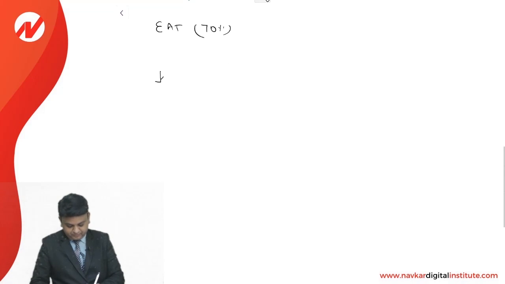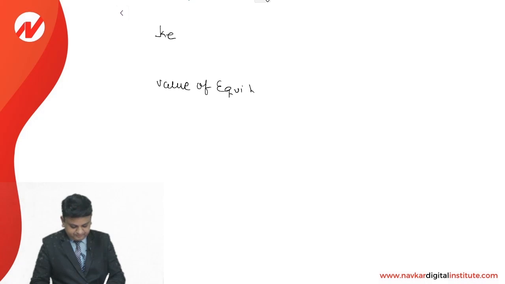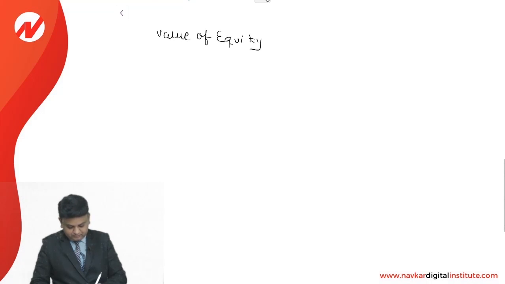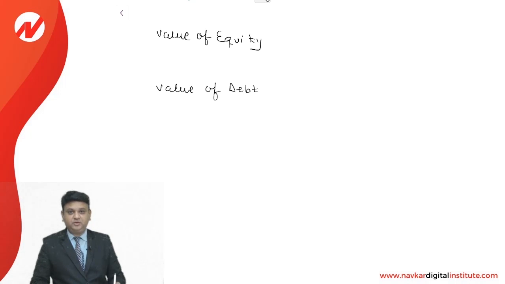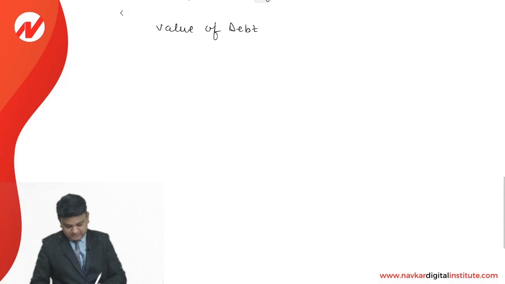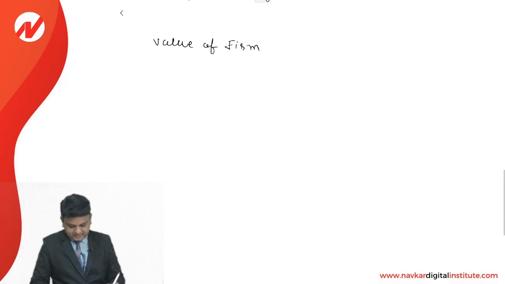Divided by cost of equity will give value of equity, will add value of debt, and total of both of them is value of the firm. And lastly, we will have weighted average cost of capital.